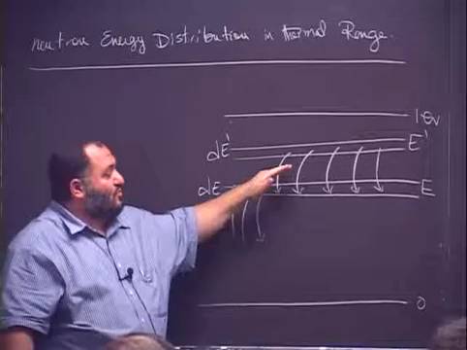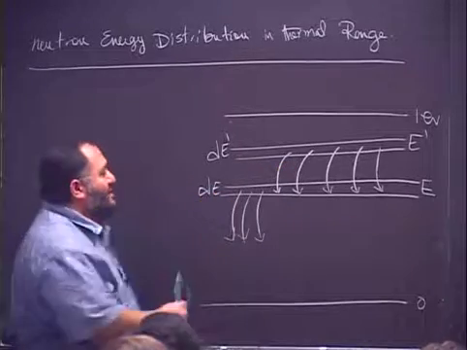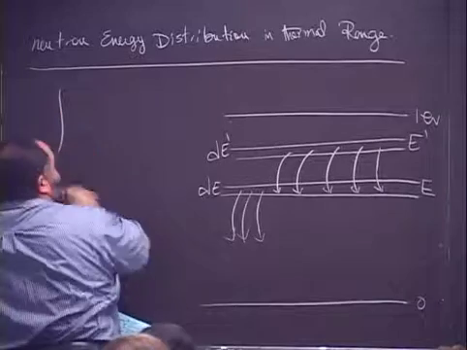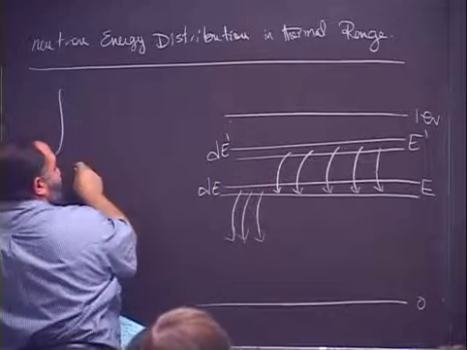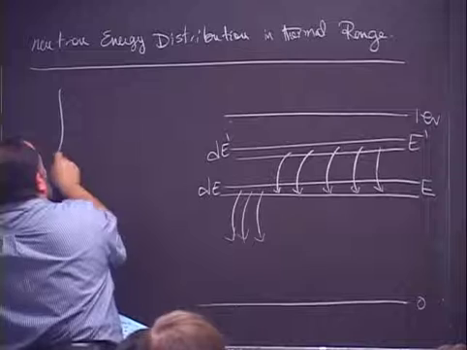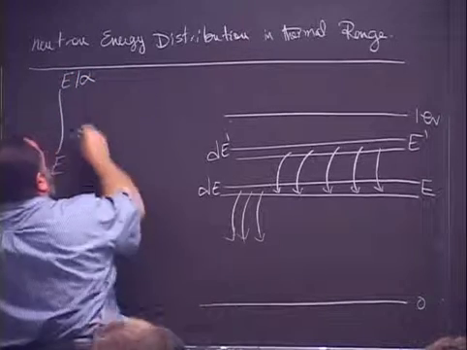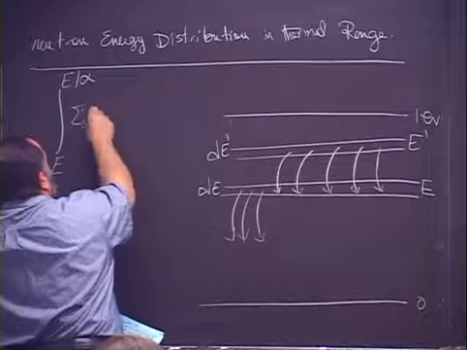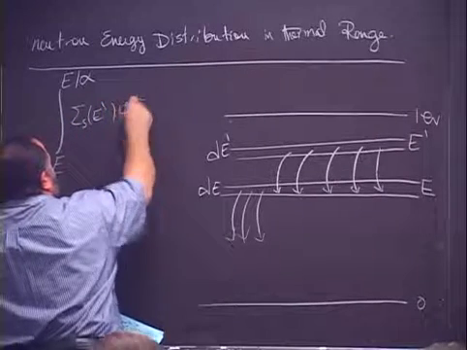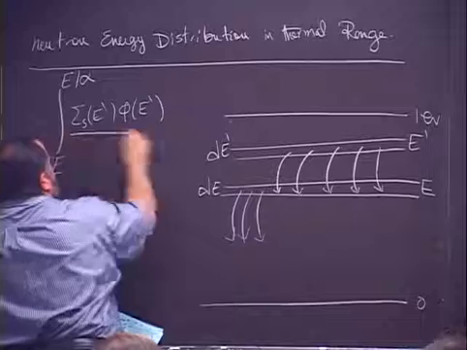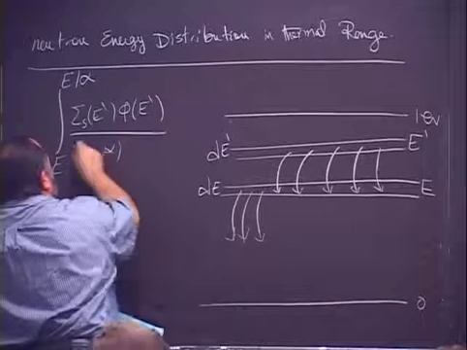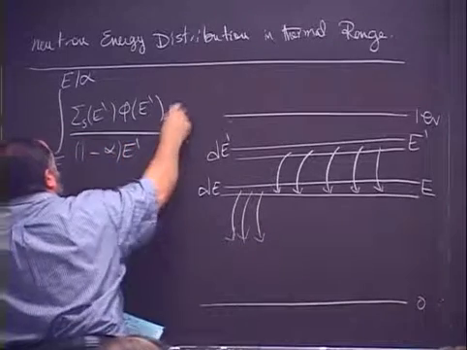If you are coming to E, the upper energy will be E over alpha, and you are coming from sigma scattering of E prime, phi of E prime, divided by 1 minus alpha, multiplied by E prime, dE prime.